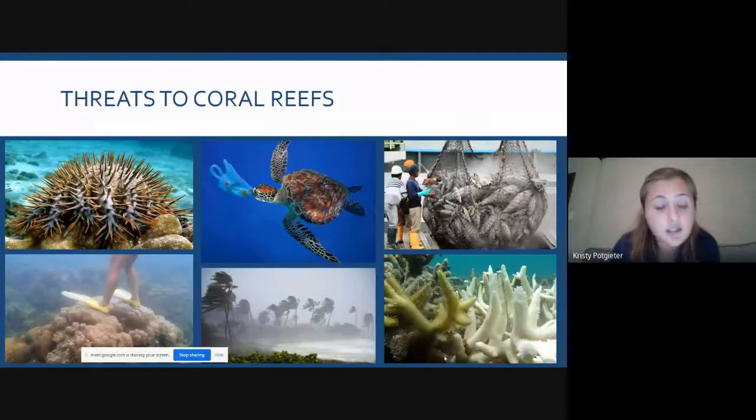Like I said, it is a generalized stress response where the corals expel the photosynthetic algae from their tissues, and it is characterized by the corals turning white. Bleaching itself does not kill the coral straight away, although it does mean that the coral has lost its main source of food. So it can cause issues and makes them more susceptible to other impacts.